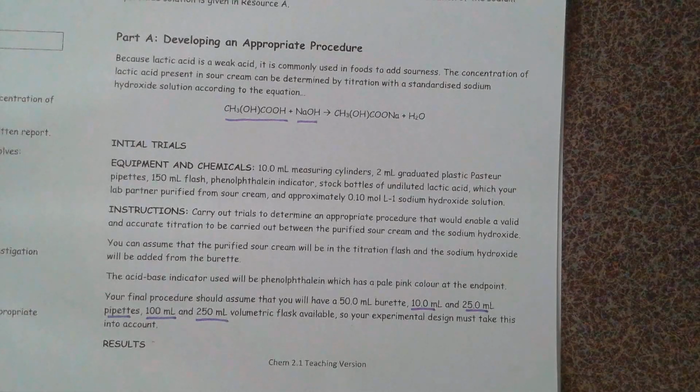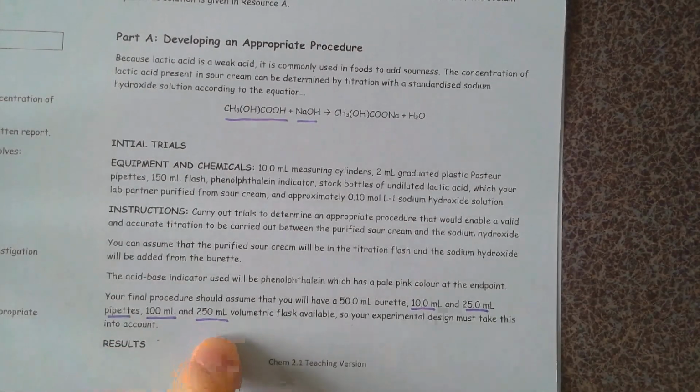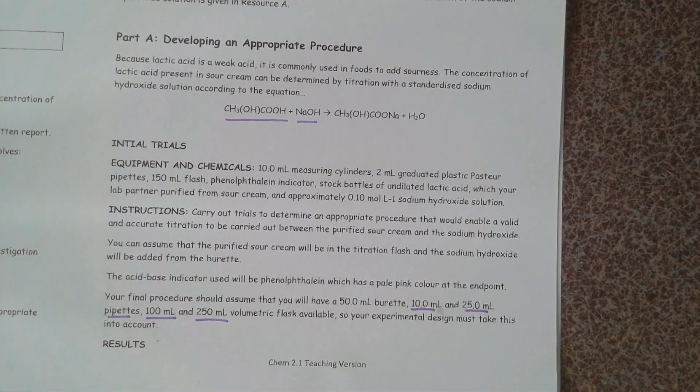Are you okay with that so far? So it's just like the pipette with that one line to accurately measure that one volume. So in this case, I've been given two different ones, 100 and 250. Are you okay with that so far?